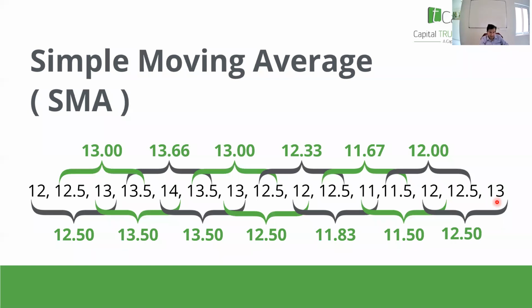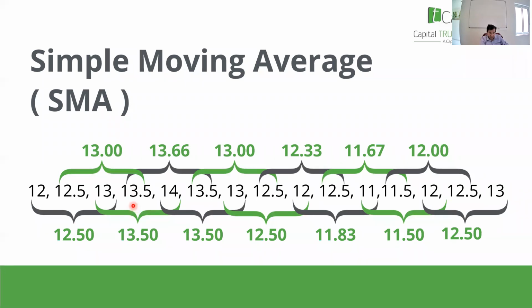It can be 3 at a time, it can be 4 at a time, 5 at a time, 8 at a time, 13 at a time, whatever it is. To be as simple as possible, I have shown you a 3-period moving average. First 3, 12.50. Next 3, 30.